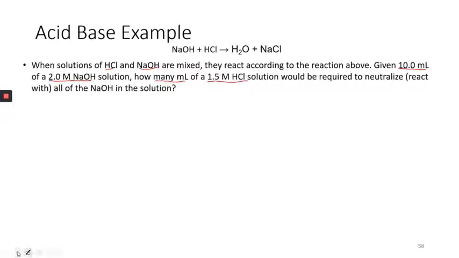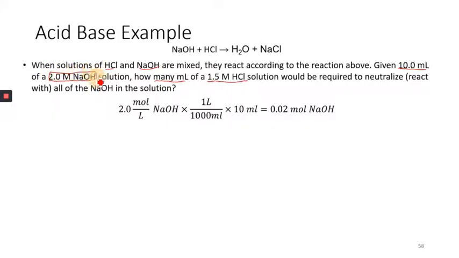Okay, so the first step we're going to do is take our molarity of sodium hydroxide and the volume that they give us to calculate how many moles we have. So remember, molarity, this capital M, or you could call it a molar, is moles per liter.